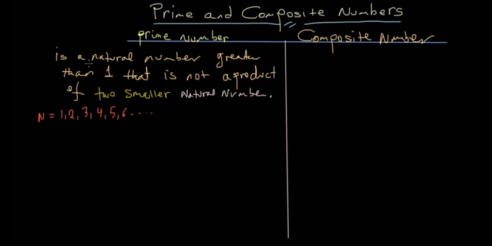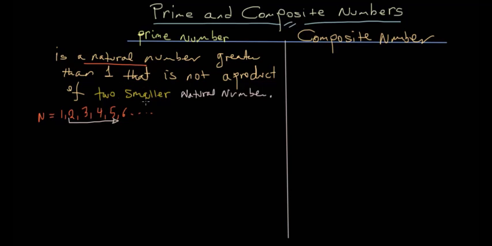A prime number is part of the natural numbers, but it says it's greater than 1. It doesn't include 1, so we still have 2 and above.